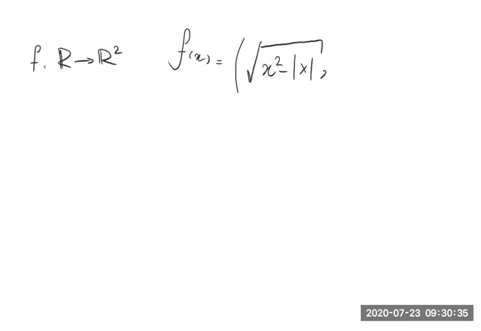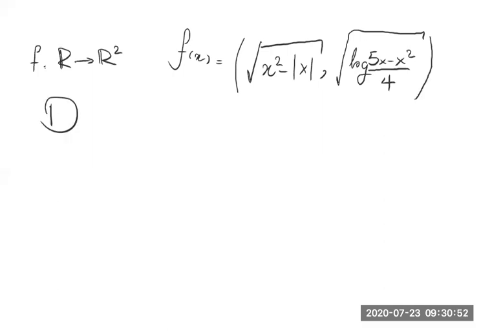And that's the first component. And the second component is the square root of log of 5x minus x squared over 4. Find the domain of f. Okay, think about this one for 2 minutes and then we would solve it together.